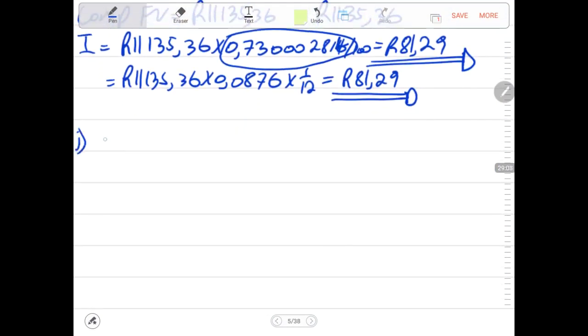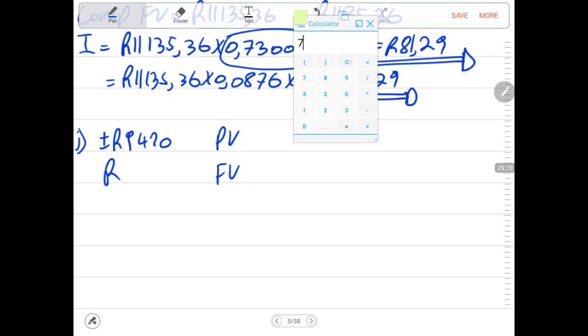In other words, we are doing J. We say plus minus 9,420 is the present value, and our future value is the sum of the interest and the initial amount invested. 9,420 plus 1,000, meaning this will be 10,420. Then our interest has not changed. Our interest is still 8.76, the one that is compounded monthly.